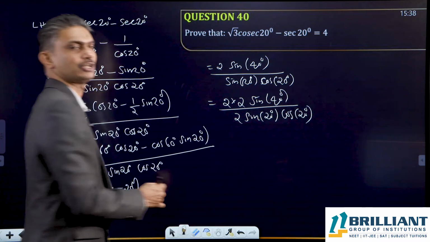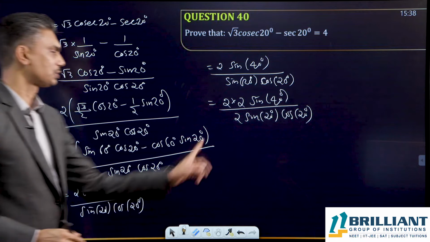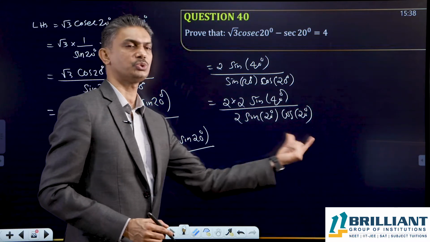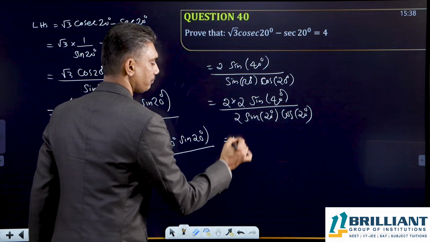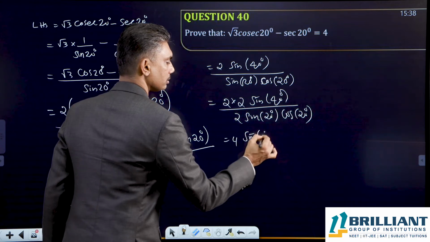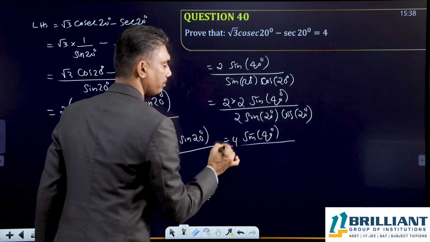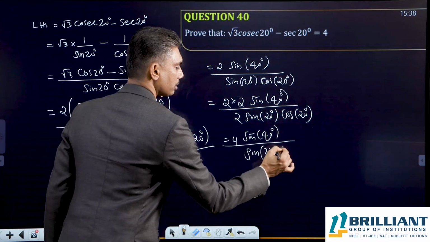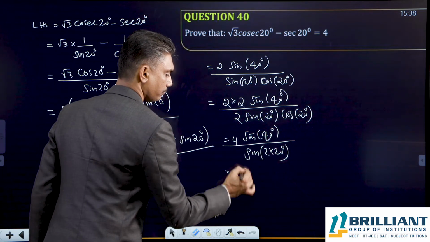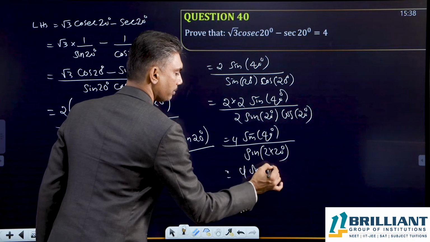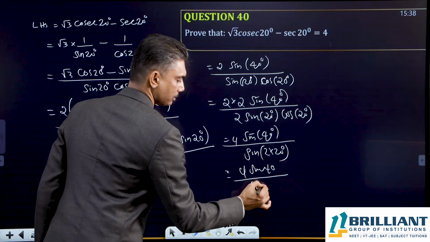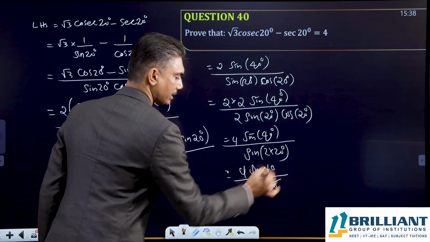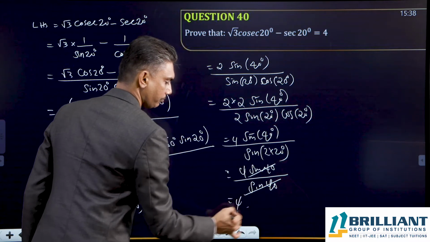What is 2 sin A cos A? 2 sin A cos A is sin 2A. So, this is 4 sin 40 by sin 2 into 20. That is 4 sin 40 by sin 40. Get cancel, equal to 4.